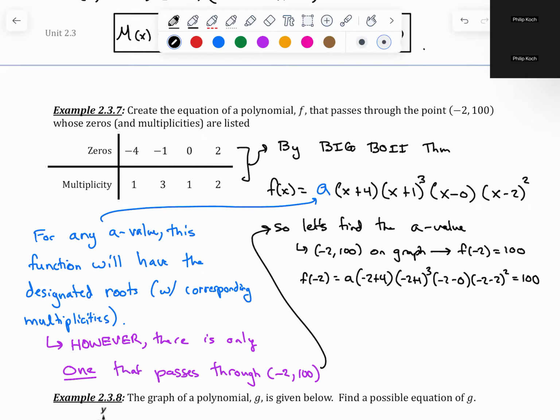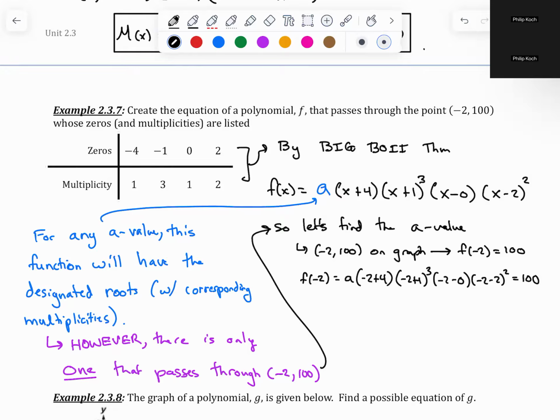And that's going to be -2 times -1 cubed, so -1, so that's +2, times -2 is -8, times -4 squared, that's 16. That should be 64. Let me just triple check. -2 times -1, so just 2 times -2 times 16, 64.